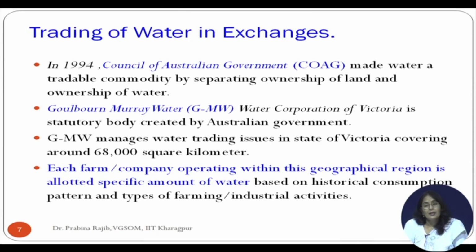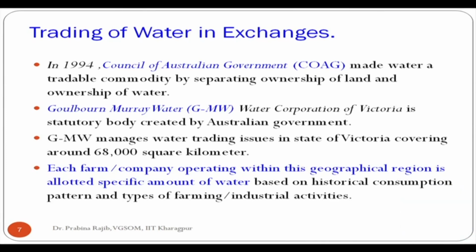So if somebody owns a piece of land with a pond or a lake, the water is not owned by that person. It is owned by the government. Water is not privately owned.